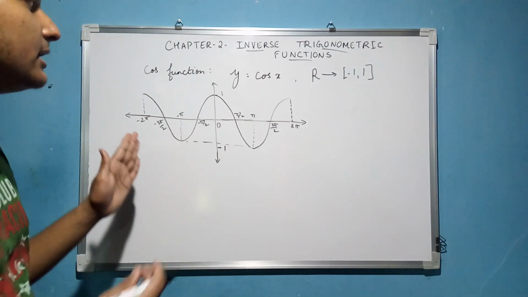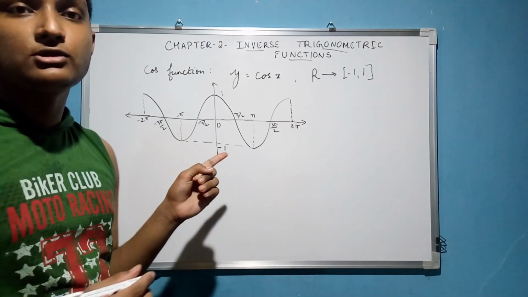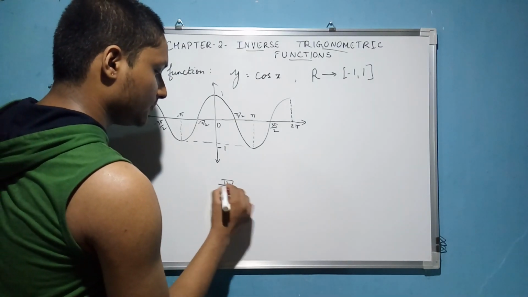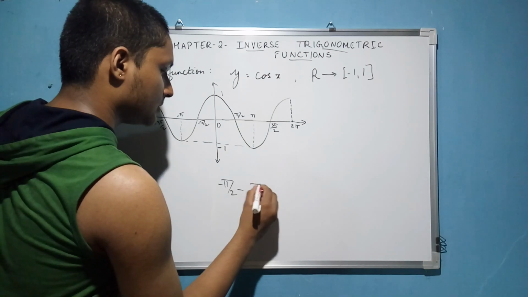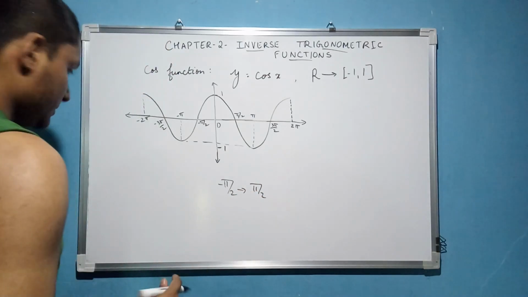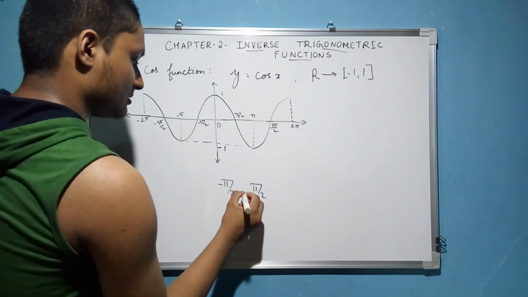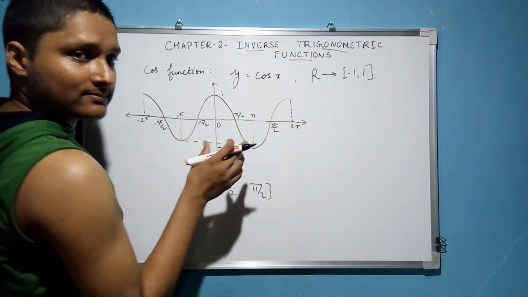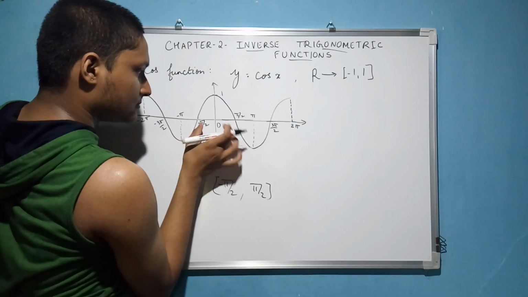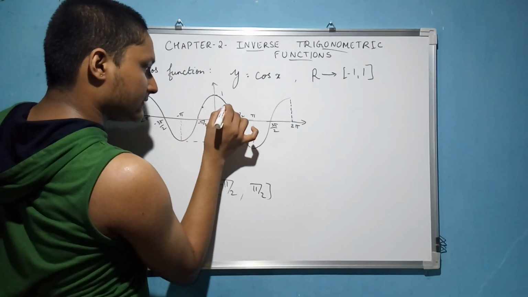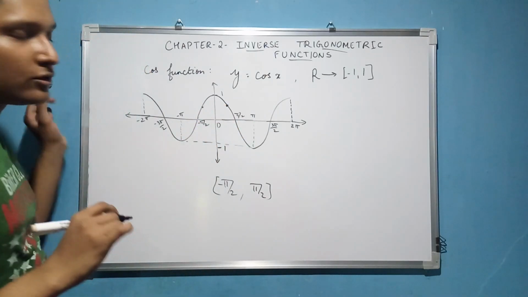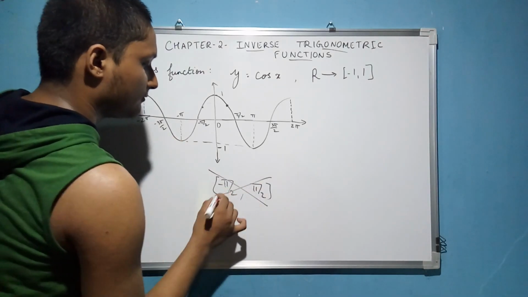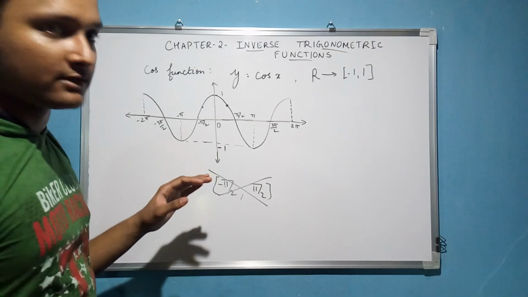But in the sine function we took minus pi by 2 to pi by 2. Can we take that here? Here we have 2 points that have the same value, and none of them have the negative value. So we cannot take this one for the cos function or the cos inverse function.